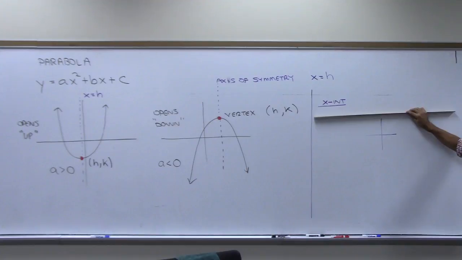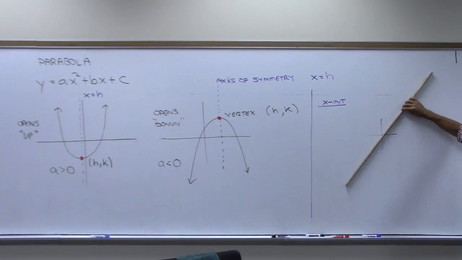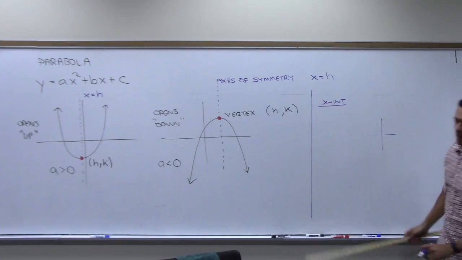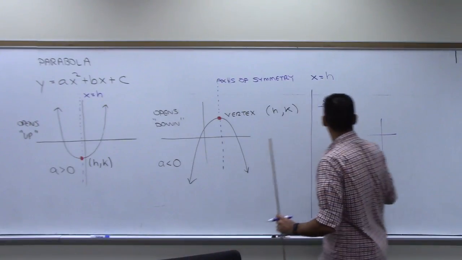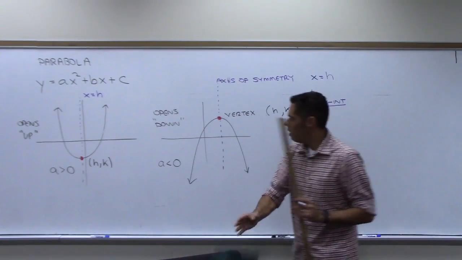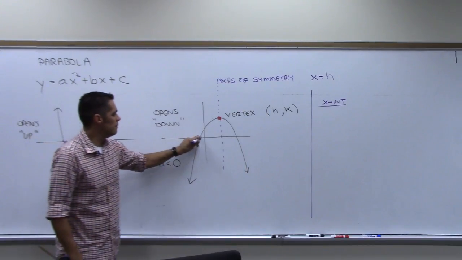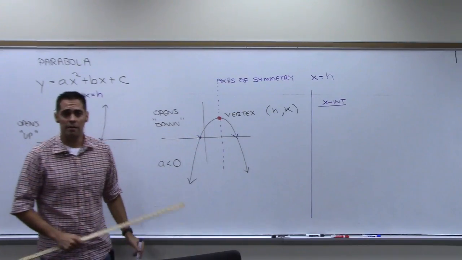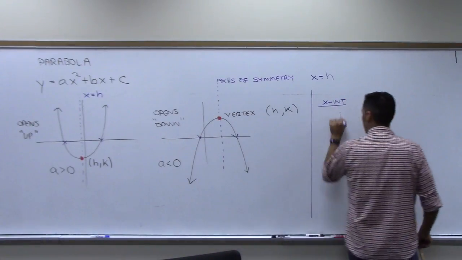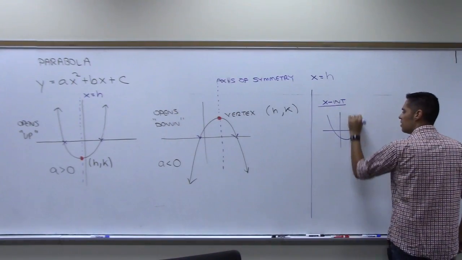If it's horizontal, it could, but the most I would have is 1. What about a quadratic? It looks like I have 2. Look at this, I have 2 x-intercepts here, 1 there, 1 there. So we could definitely have 2. I'll draw a picture here. We could have 2 x-intercepts.